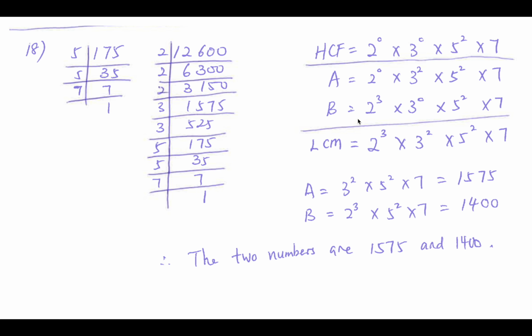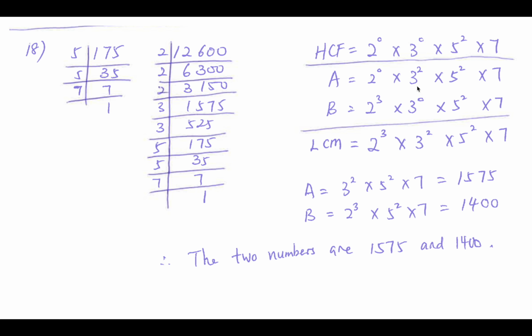So let's give them to A and B for now, right? In the second prime factor 3, again, we have 3 to the power 0 for HCF, 3 to the power 2 for LCM. So I'd like to sort that out, right? Because if we continue to give the smaller value to A and the larger value to B, we will end up with A being equal to the HCF and B equal to the LCM, which is not what we want.